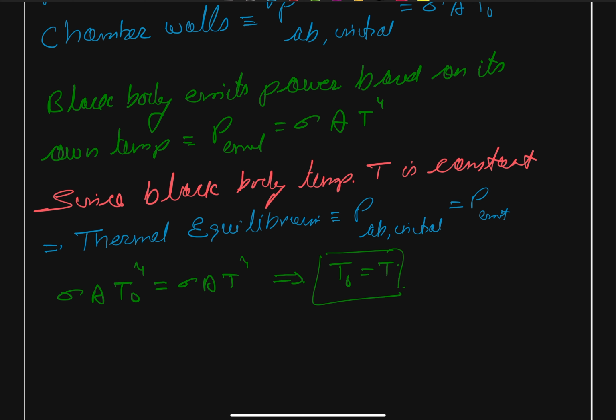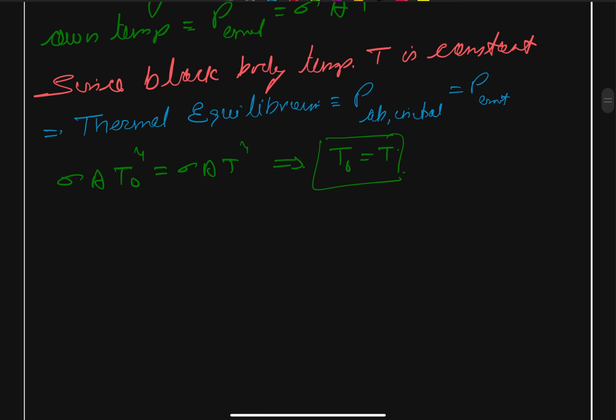So it means initially, when the chamber is closed, the temperature of the black body and the chamber is the same for the equilibrium to hold. So let us consider a new scenario.